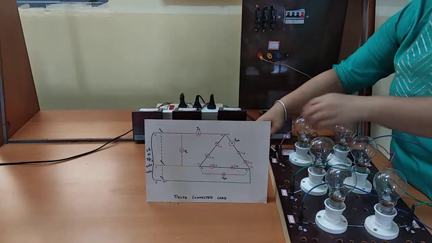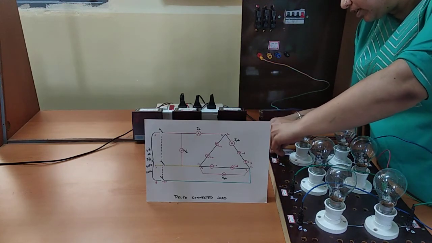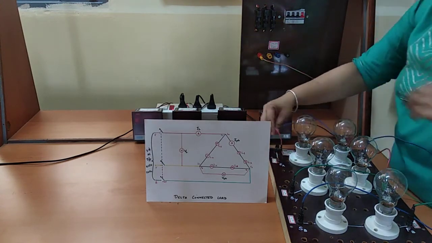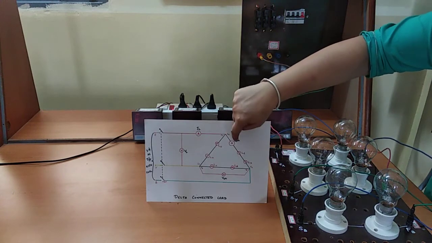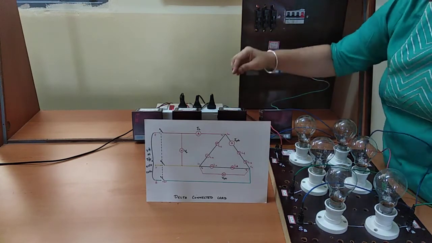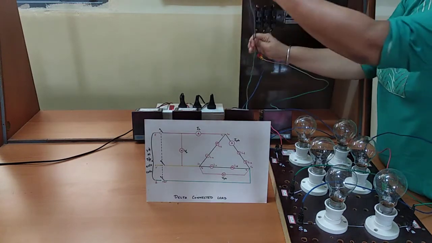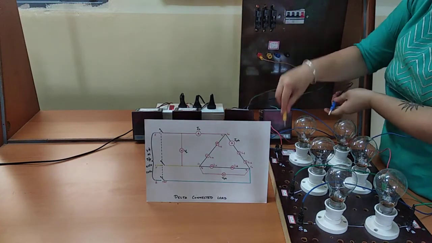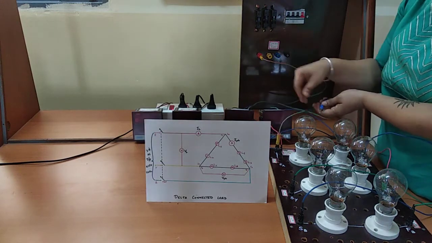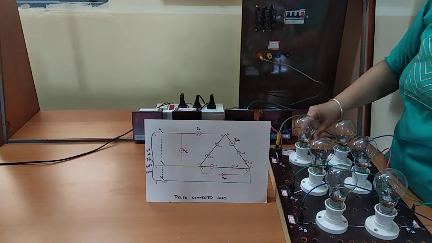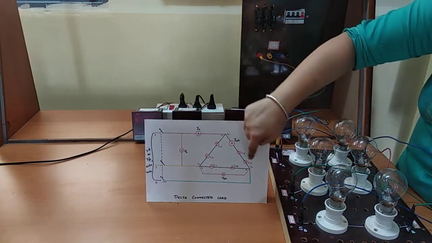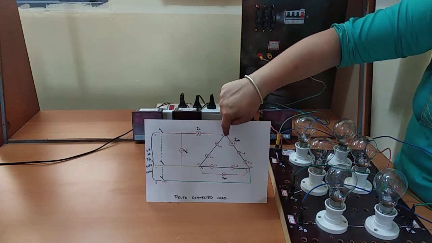That is this point. Right? And then after this, I take another ammeter and connect it in these points where we have the provision to measure the phase current. And then the delta connection is already done.